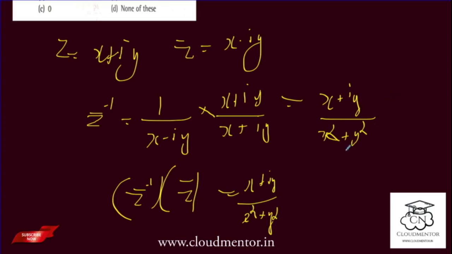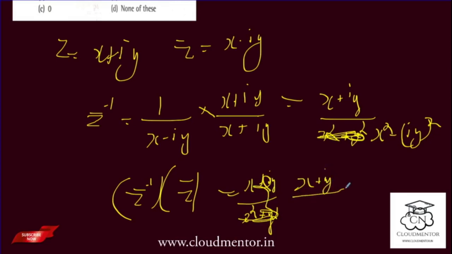I think it is better to write it like this, that is x square minus iy the whole square, okay, iy the whole square. And now that is x plus iy by x square minus iy the whole square, where z bar is x minus iy.